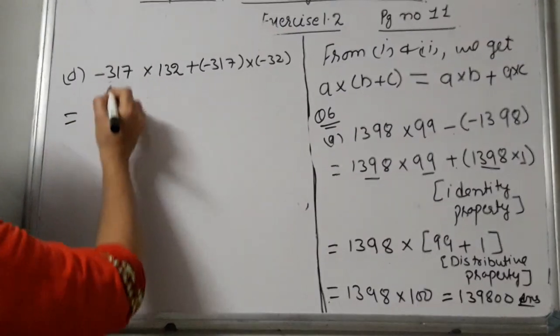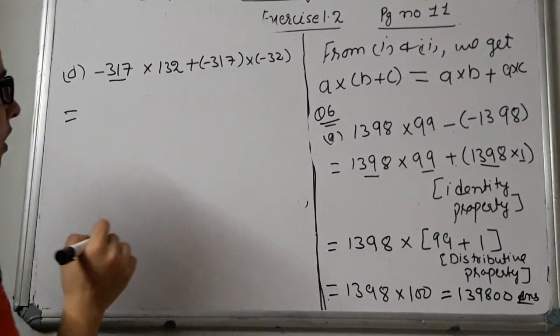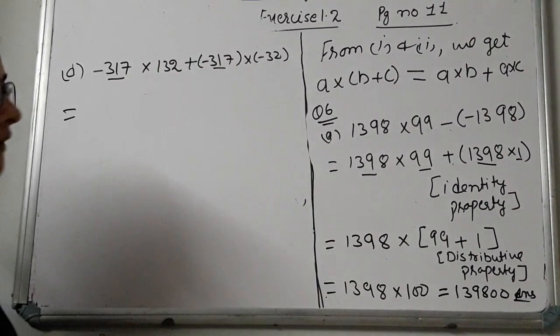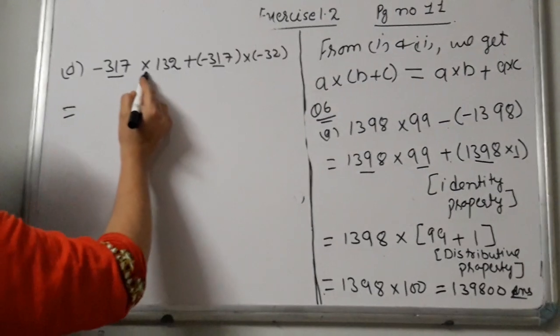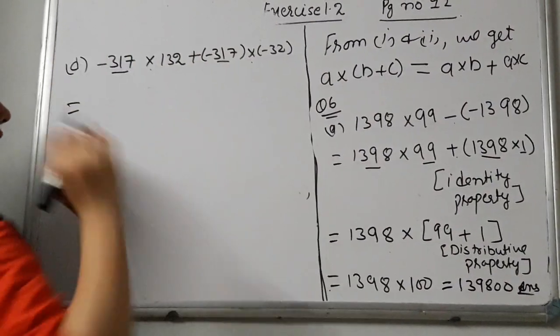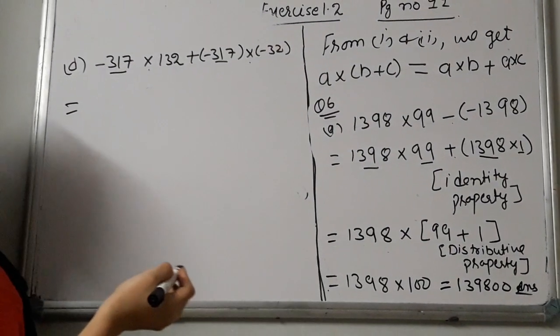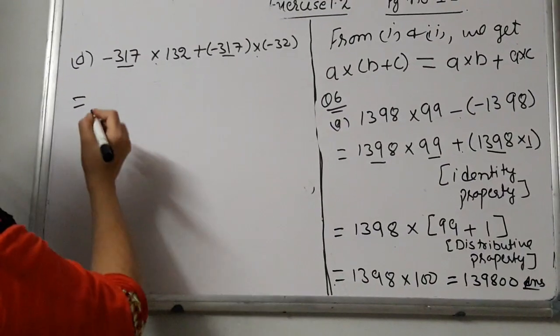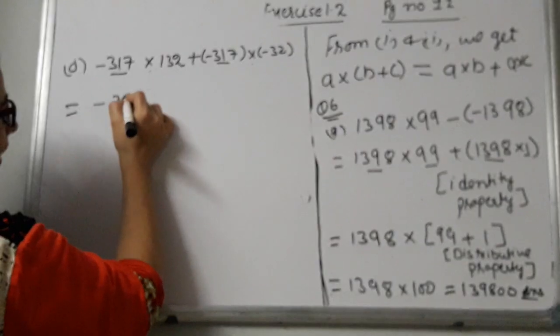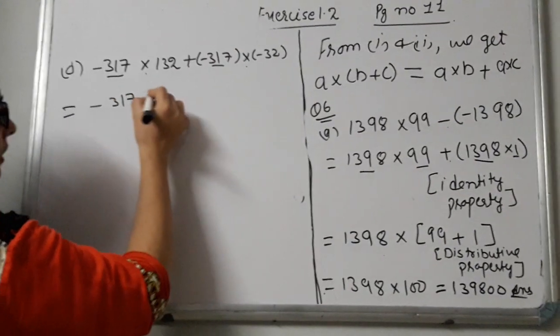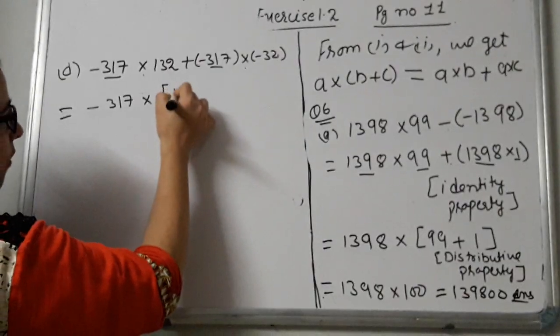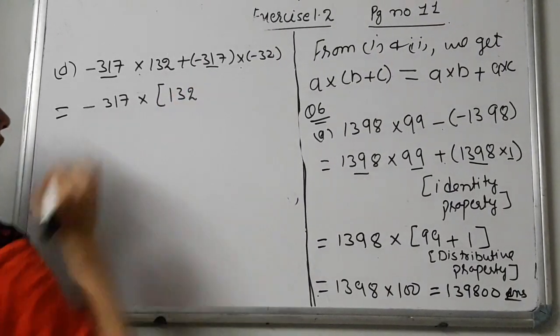Now here also we will see -317 is common here, -317 is common here. Again here multiplication sign is there, multiplication sign is there. So what we will do, we will take out -317. What is remaining here? 132.